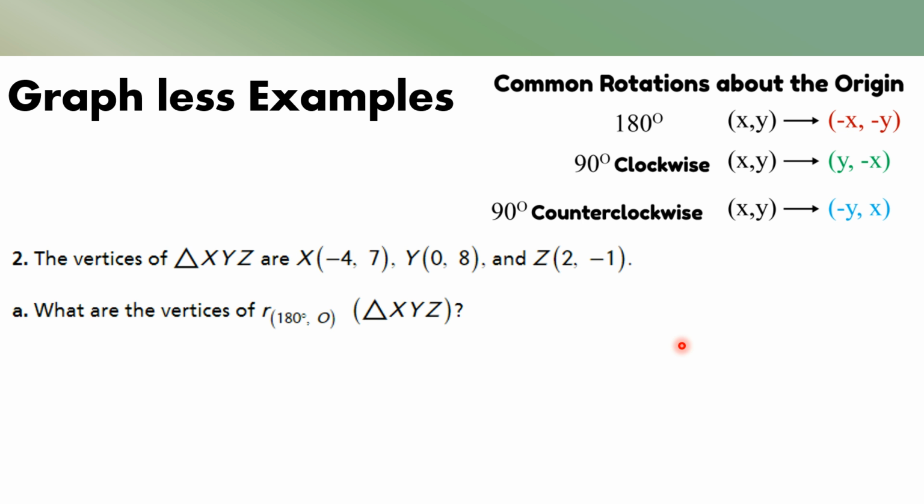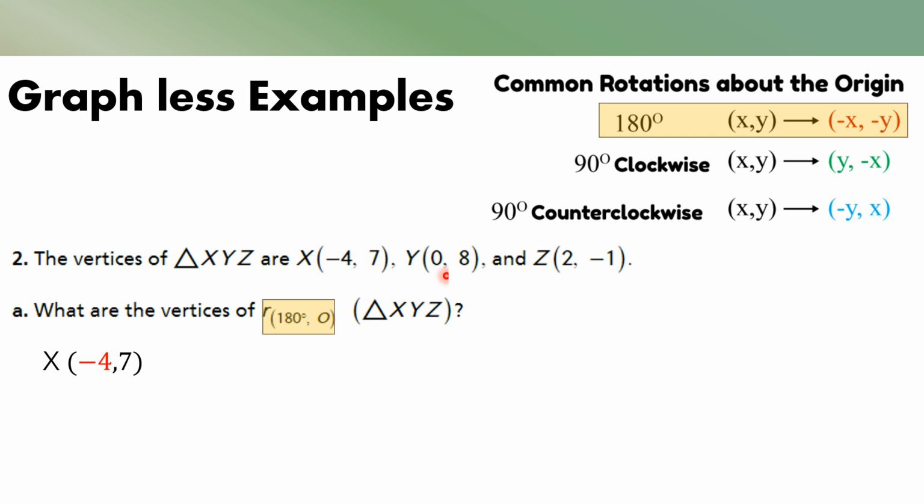Okay, so if you're looking at the graphless example, we have the vertices of x, y, z: -4, 7; 0, 8; and 2, -1. If we're rotating 180 degrees, what are we going to be doing? We look at that, match it with that, and just perform that operation.